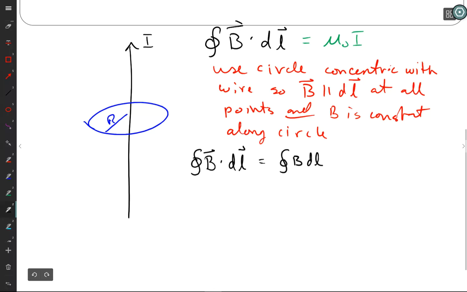Yes, it tells us that the dot product is just B times dl, because remember, a vector A dot vector B is equal to AB times cosine of the angle between the two. If the angle between the two is always 0, cosine of 0 is 1, so that's just B times dl times 1.